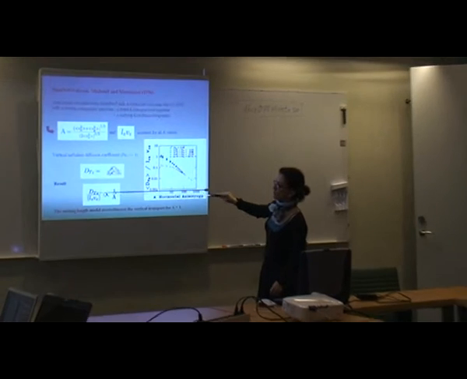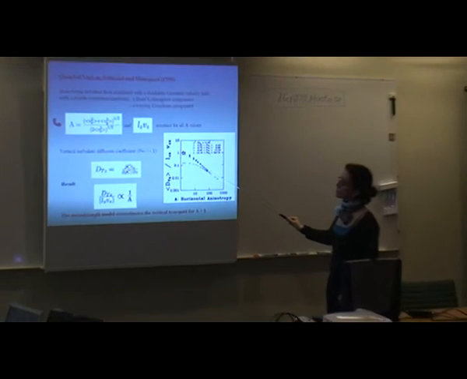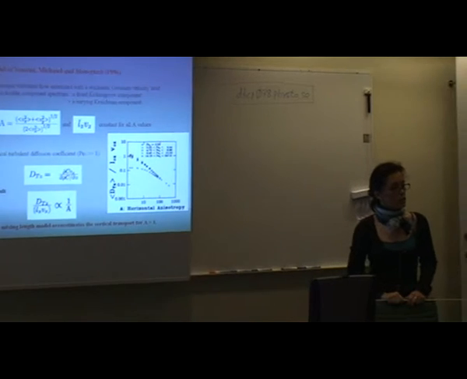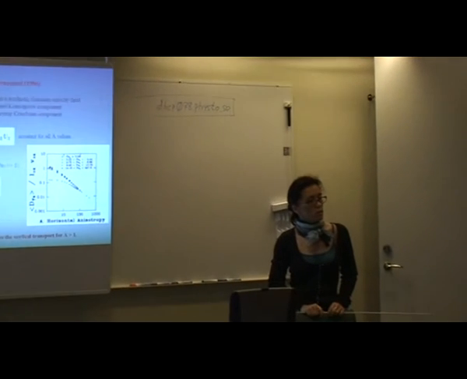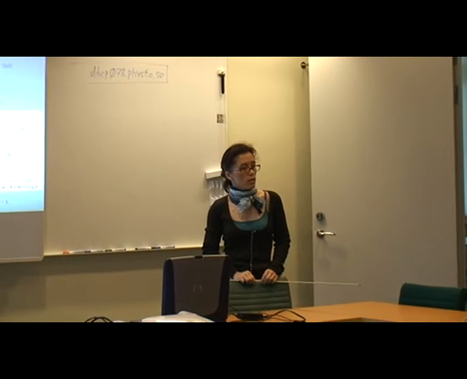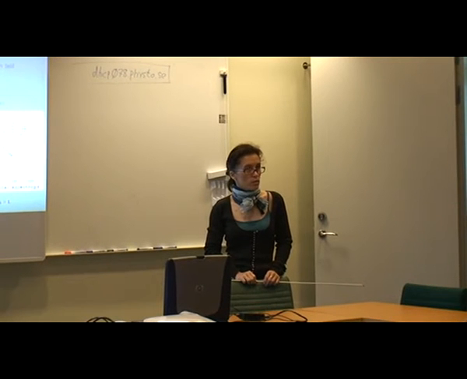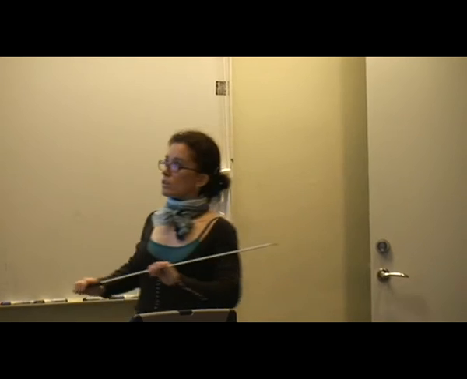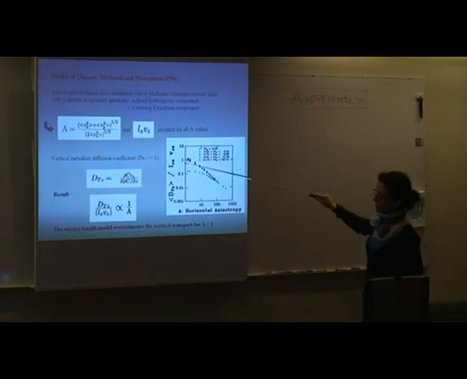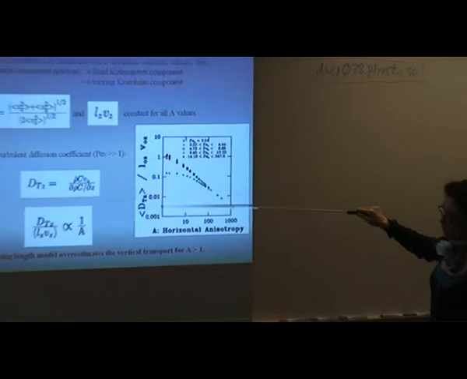Then your advecting field is just a stochastic Gaussian field which has a spectrum of minus 5/3, the Kolmogorov number, in the case A equals 1.